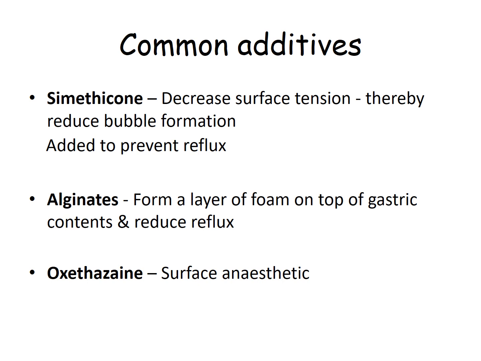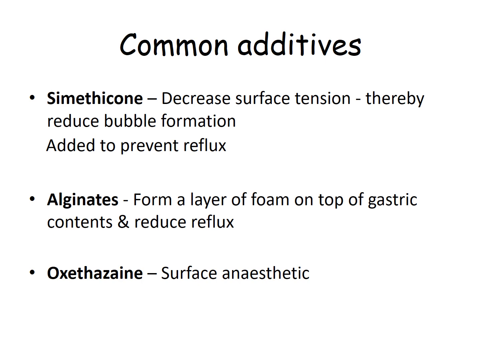Simethicone helps to decrease the surface tension, thereby reduces bubble formation, and also helps to reduce the reflux. So it is more effective in patients who have GERD, gastroesophageal reflux disease. It reduces the surface tension, reduces bubble formation, and also prevents the reflux.